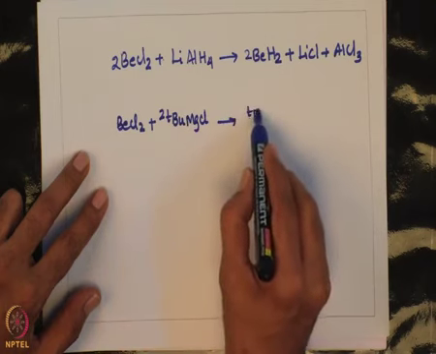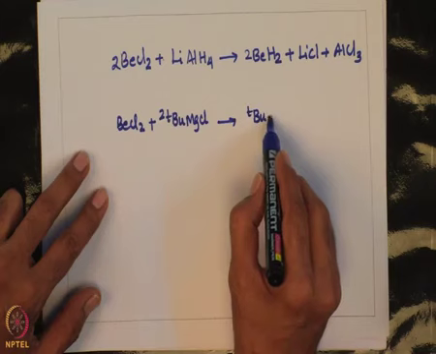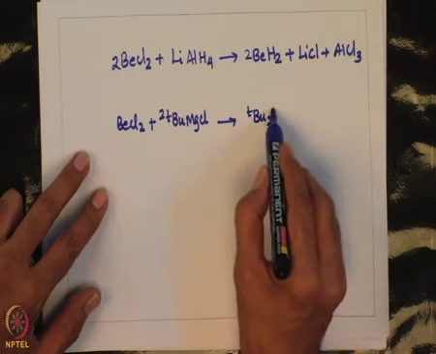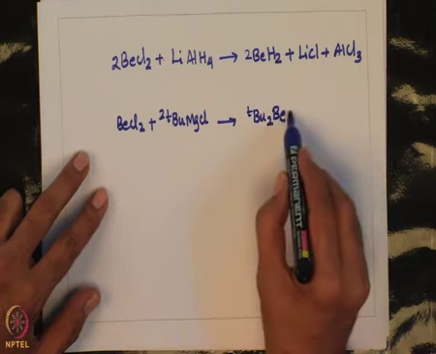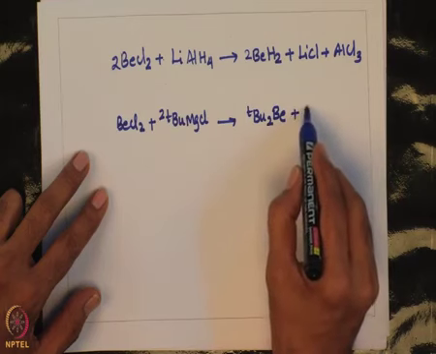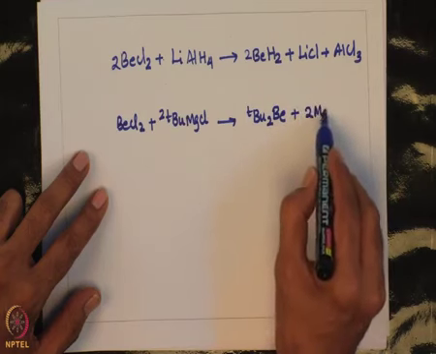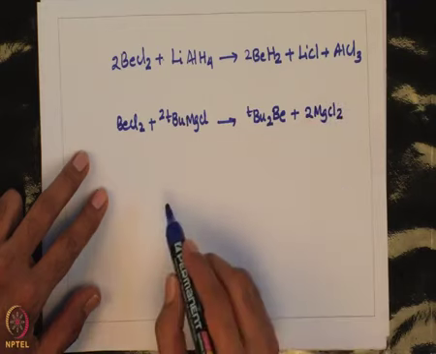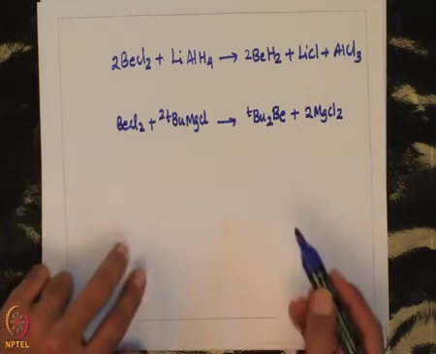This gives initially ditertiary butyl beryllium plus two equivalents of magnesium chloride.